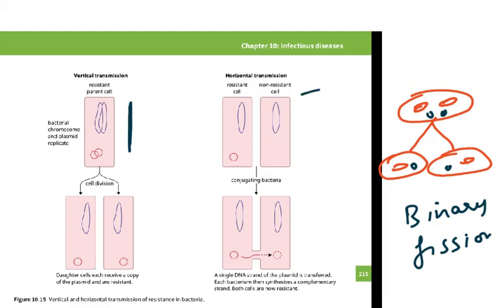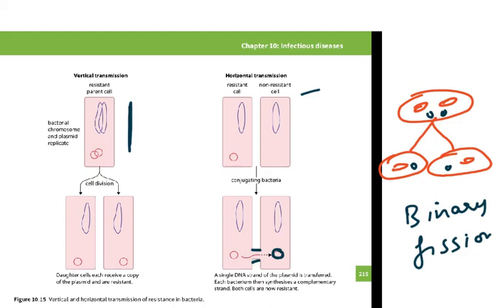Now this one is the non-resistant one. And it forms a conjugation tube, and this plasmid is transferred here. So the plasmid will now enter this other bacteria, which is not related to it, just another non-resistant bacteria. And then, of course, this bacteria will also become resistant.